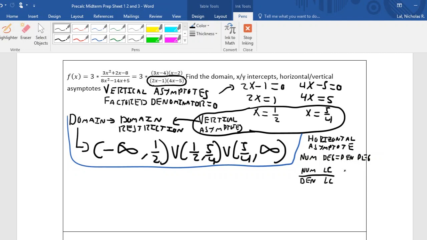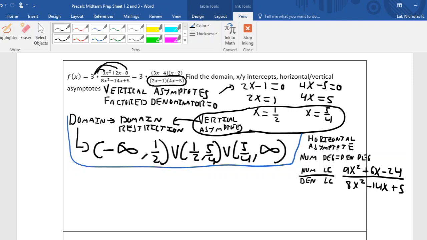So in this situation, when we simplify 3 times (3x squared plus 2x minus 8), we end up getting 9x squared plus 6x minus 24 over 8x squared minus 14x plus 5.